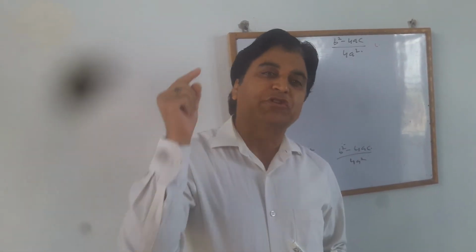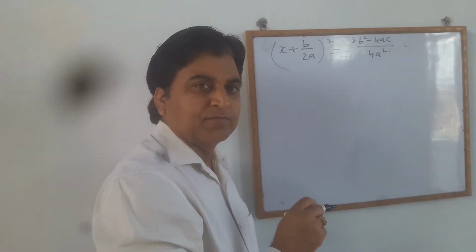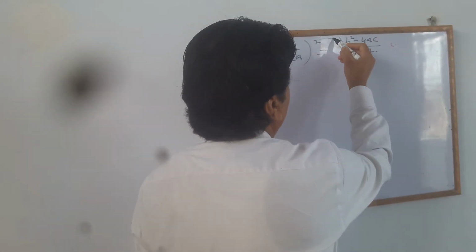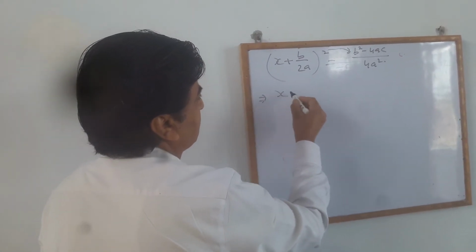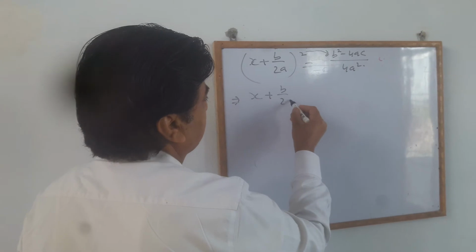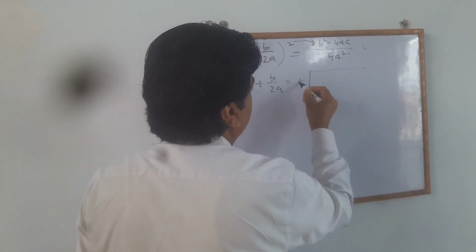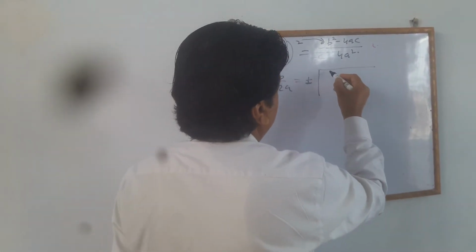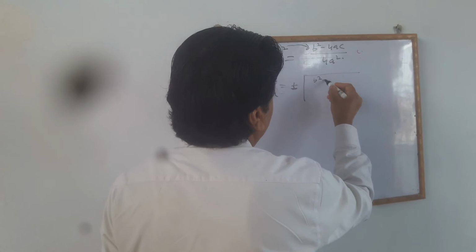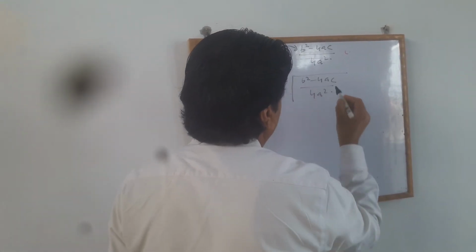In the next step we have to shift the square to the right hand side. How to shift? Yes, look, this implies x plus b upon twice of a is equal to under root, plus minus two values, remember, b square minus 4ac upon 4a square.